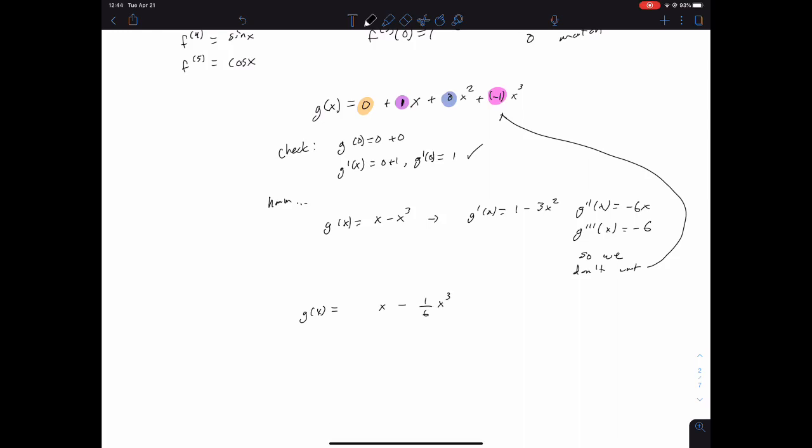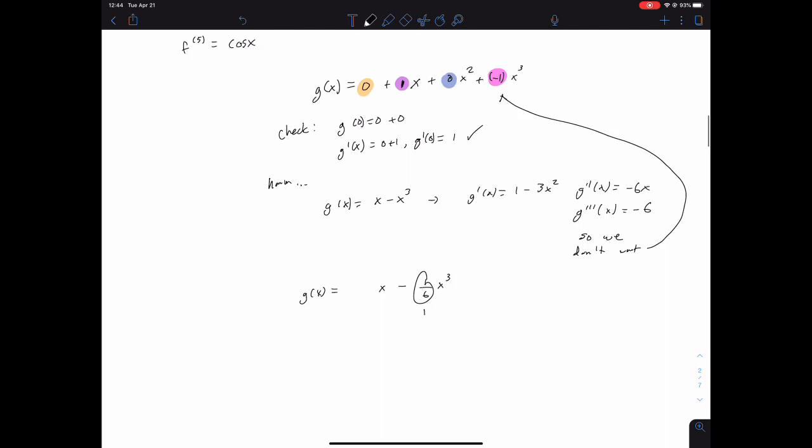Because when I differentiate twice, this 3 is going to turn into a 2 and multiply by 3, and then turn into a 1 and multiply by 2, and that 3 and the 2 will cancel this 6. So this is to cancel the 3 times 2.